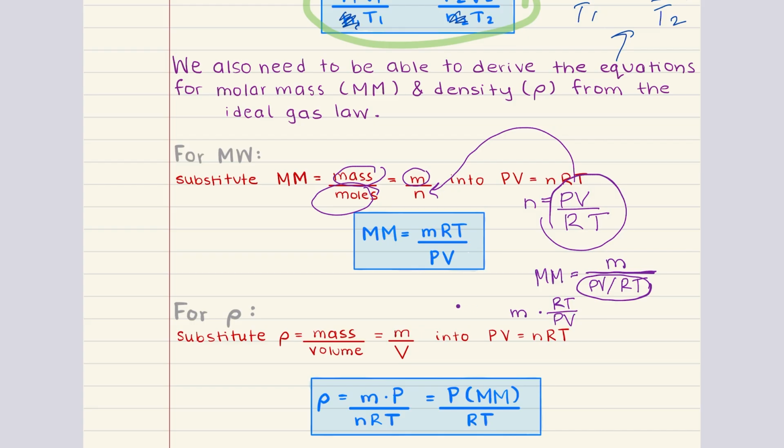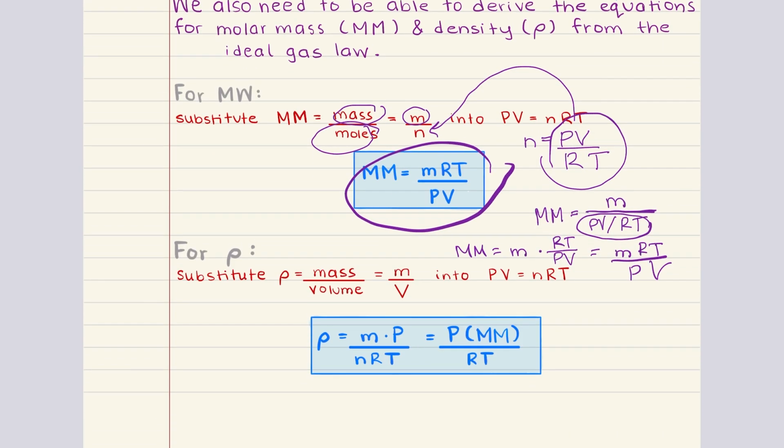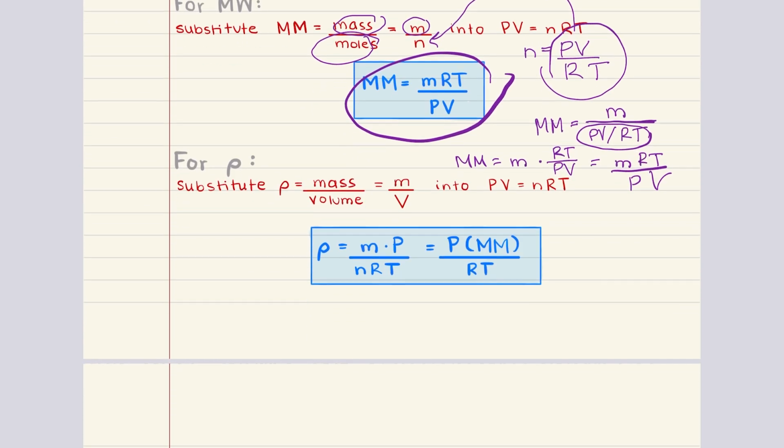So really, molar mass is equal to mass times RT divided by PV. And that's the equation that you see here. This equation allows us to determine the molar mass of an unknown gas if we know its mass, pressure, volume, and temperature.